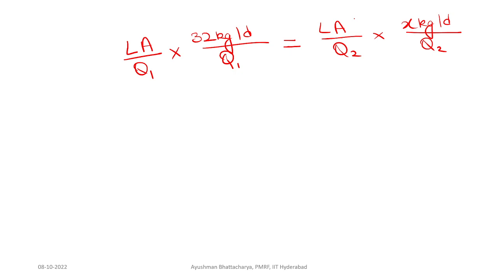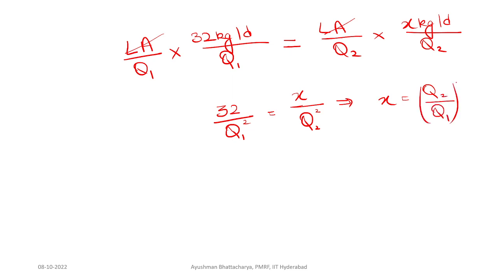Since length and area are constant, they will get cancelled. So we will be left with 32 by Q1 square is equal to X upon Q2 square. So we can write X is equal to Q2 by Q1 whole square multiplied by 32.